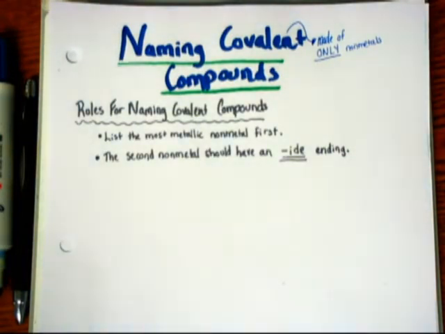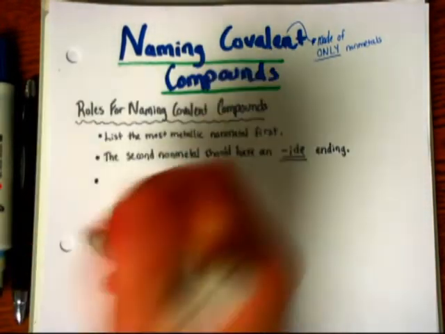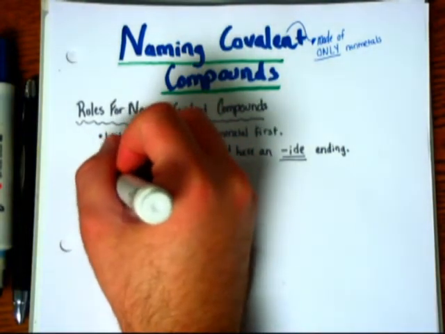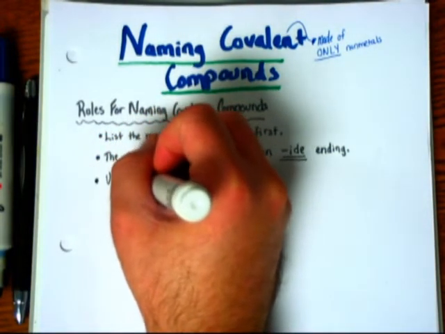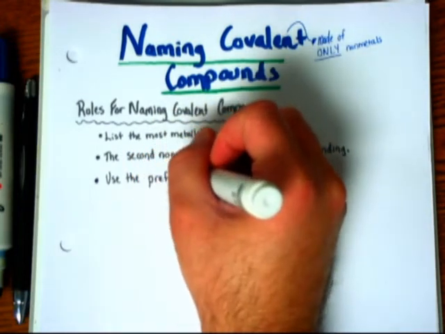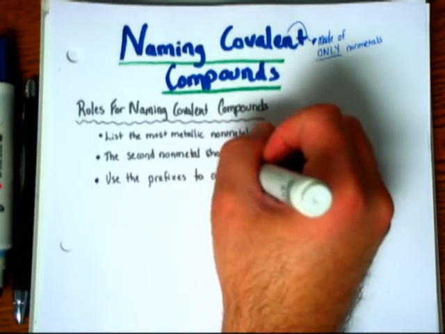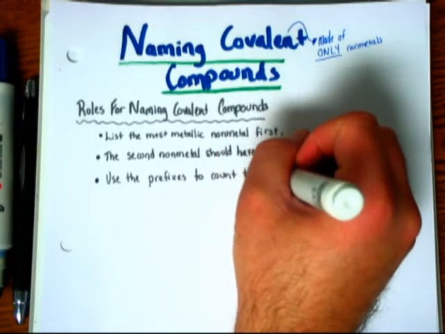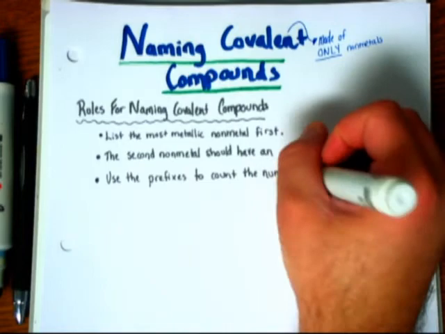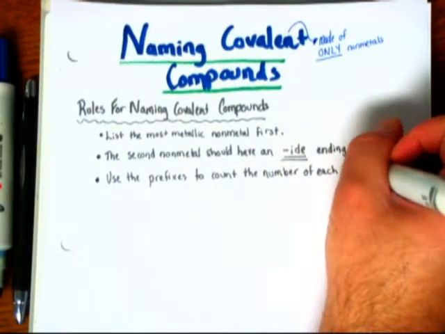And the other rule we need to go over, a pretty simple and straightforward rule, is how you are supposed to use the prefixes to count the number of each element.